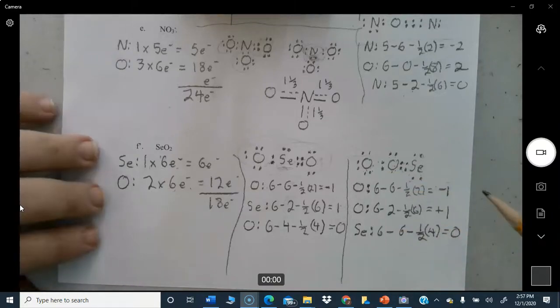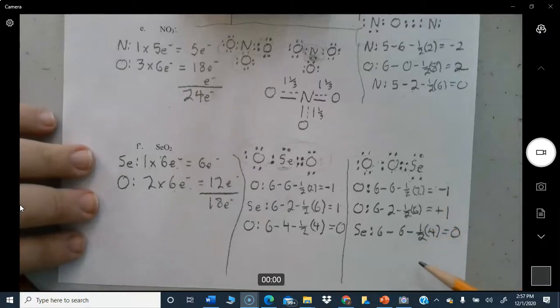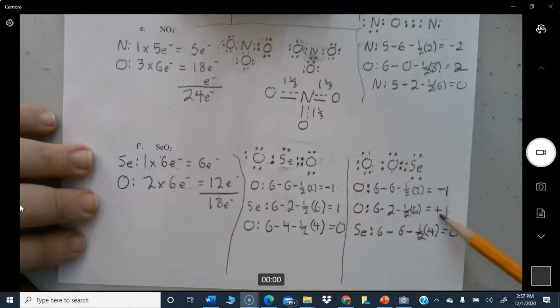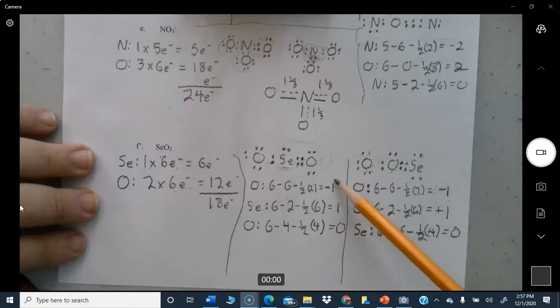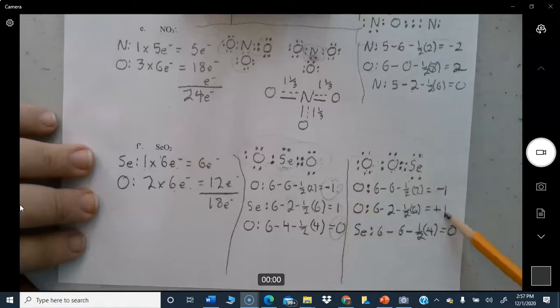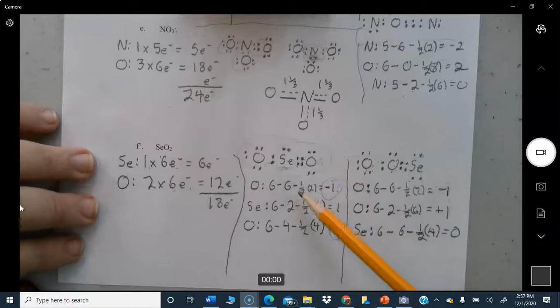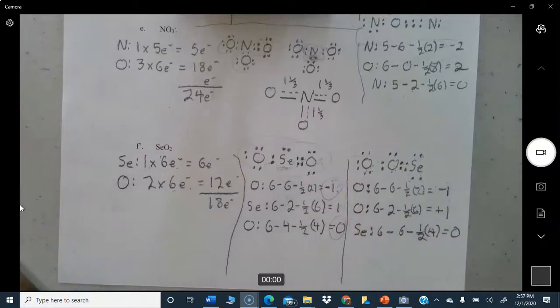So oxygen is the most electronegative element. So here the oxygens have a net charge of 0 and -1. That's a net charge of -1. Here they offset each other, -1, positive, and that's a net charge of 0. So again, that's a new rule that wasn't in the instruction video. Because the oxygens here have a net charge that's more negative than the net charge they have here, this one would be the more stable as well.